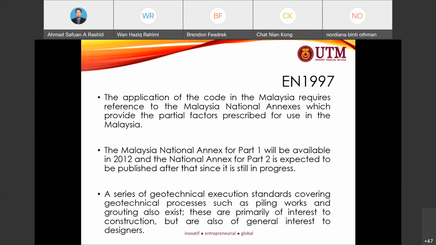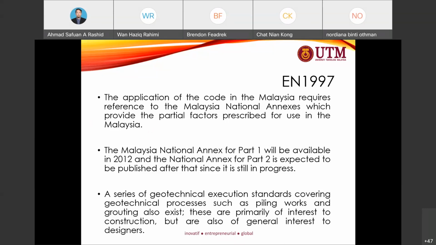This is to be familiar with Malaysian conditions. So the Malaysian Annex Part 1 was made available in 2012.